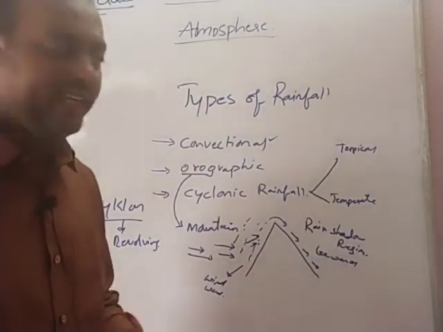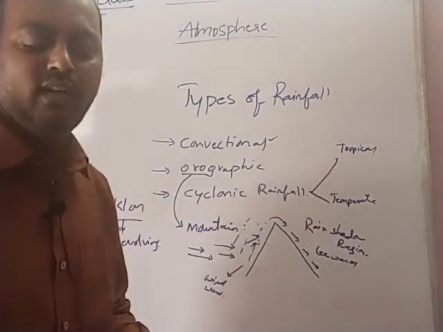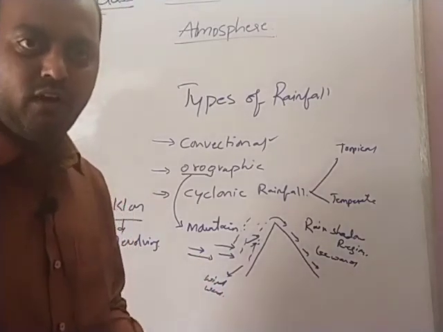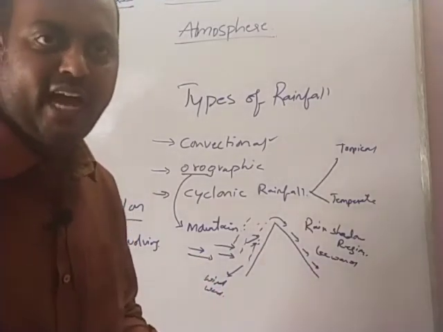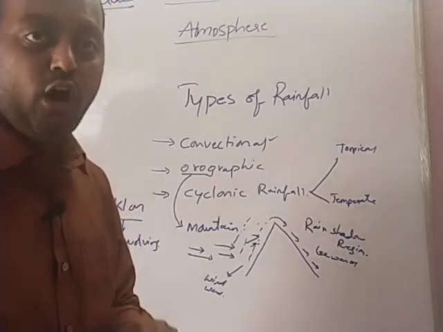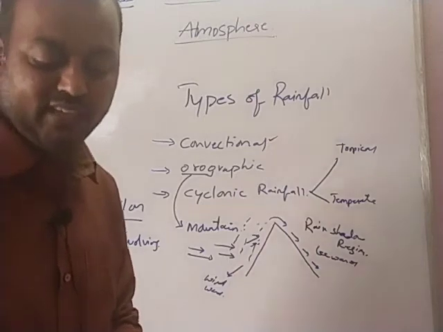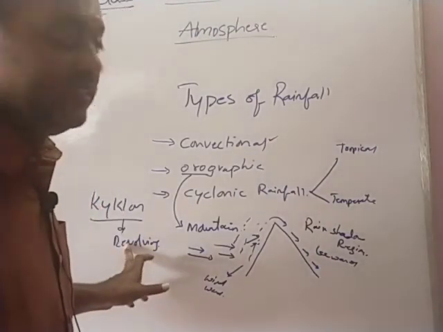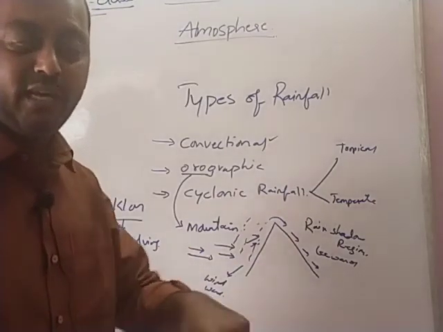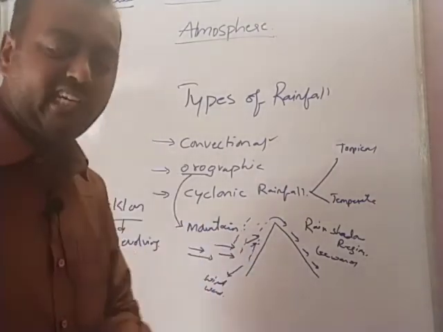Tropical cyclones are warm core vortex circulations of tropical origin with a small diameter, meaning hundreds of kilometers in diameter, often of an approximately circular shape. Because it is a cyclone, it is circular in motion and keeps on revolving the water. There is a picture given in the textbook also.